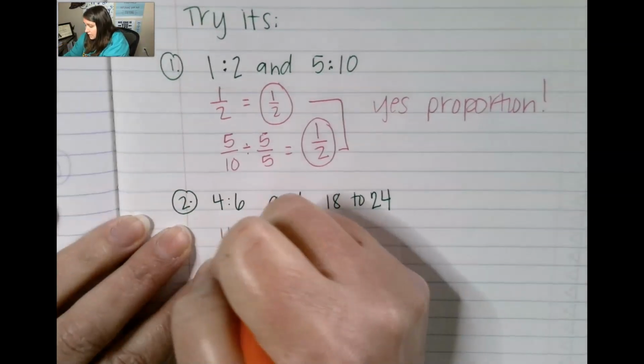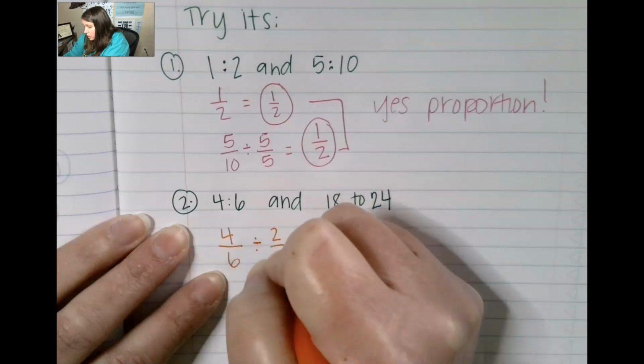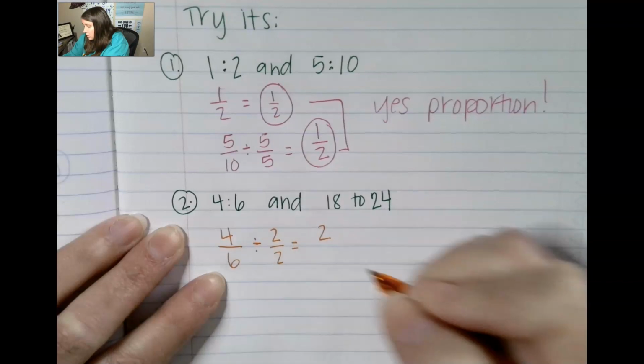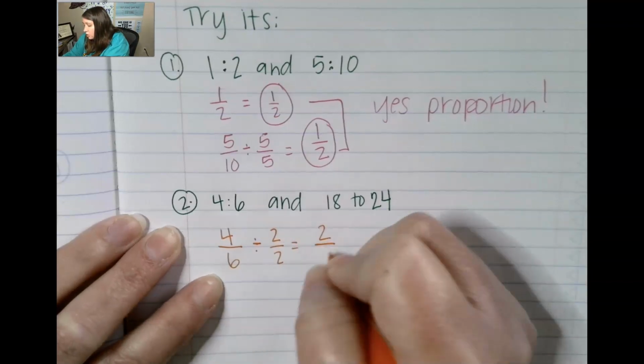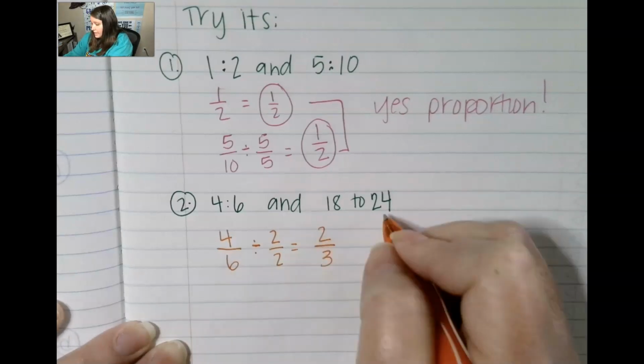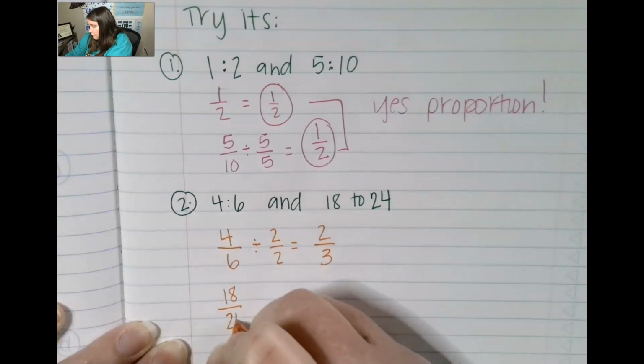Okay, let's do the next one. 4 over 6. Let's see what we can reduce this down by. I'm going to divide by 2 over 2 because I know 2 can go into both of these. 4 divided by 2 is 2. 6 divided by 2 is 3. So 2/3. 18 to 24. So we're going to look at 18 over 24.